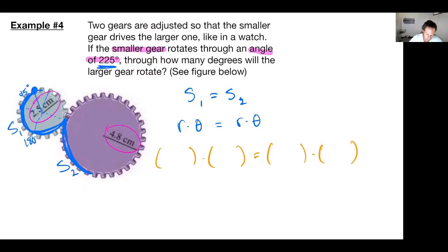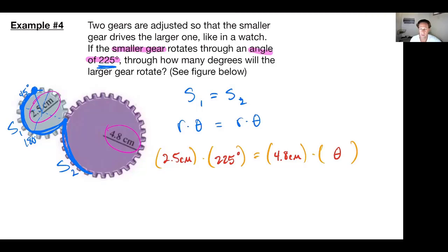So the radius of the smaller one is 2.5 centimeters. And the angle they did tell us is 225 degrees that the smaller one rotated. And the larger is 4.8 centimeters, but we don't know what that angle would be. Okay, so what do you think we have to do in order to solve this?